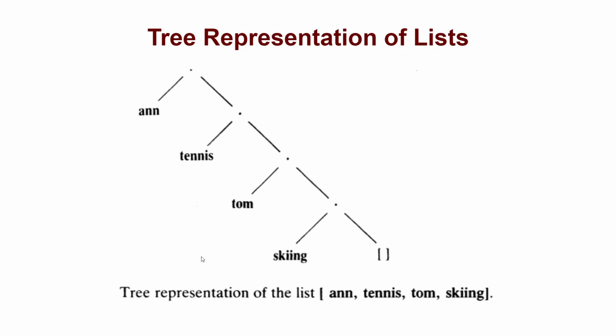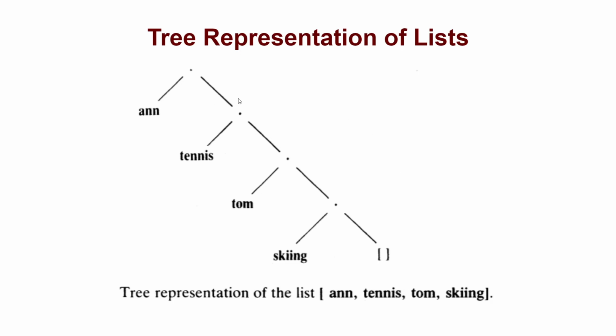So for the original list with the 4 elements, Anne, tennis, Tom, and skiing, the head is Anne, so the left child is Anne, and then the right child is another list. All this is the tail of the original list.